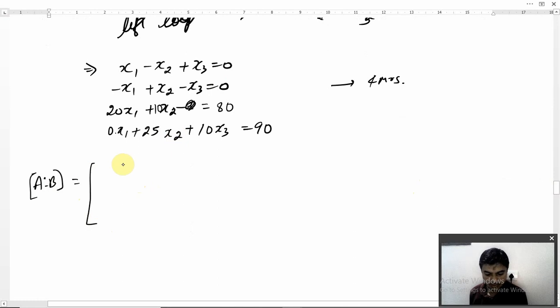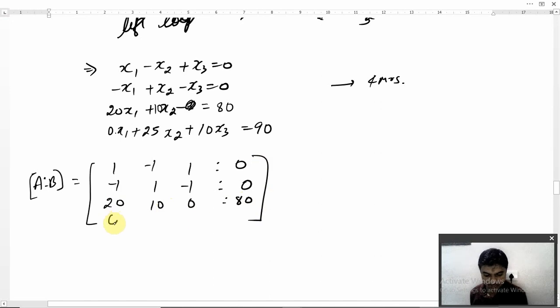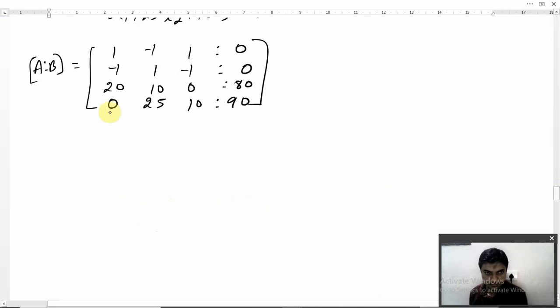I am going to take the coefficients: 1, minus 1, 1, and 0; then minus 1, 1, minus 1, 0; then 20, 10, 0, and 80; and the last equation is 0, 25, 10, and 90. So here we get the augmented matrix. Now please remember, when you get the augmented matrix, the lower triangle must be 0.